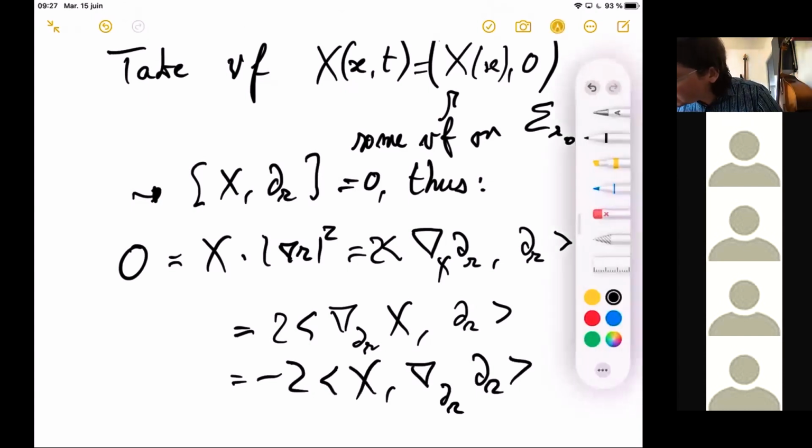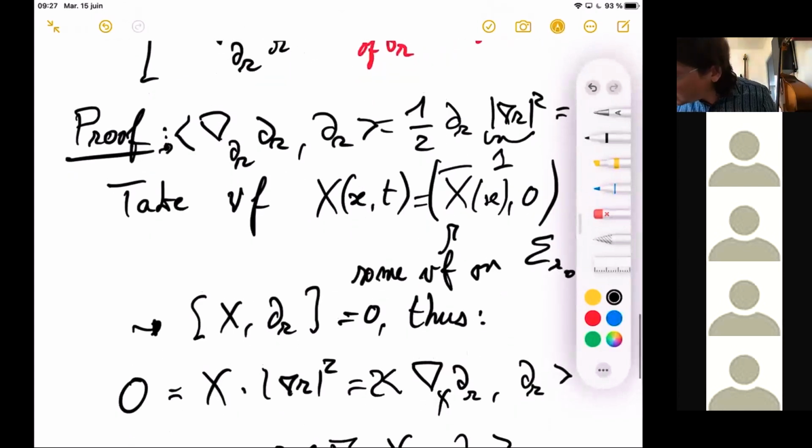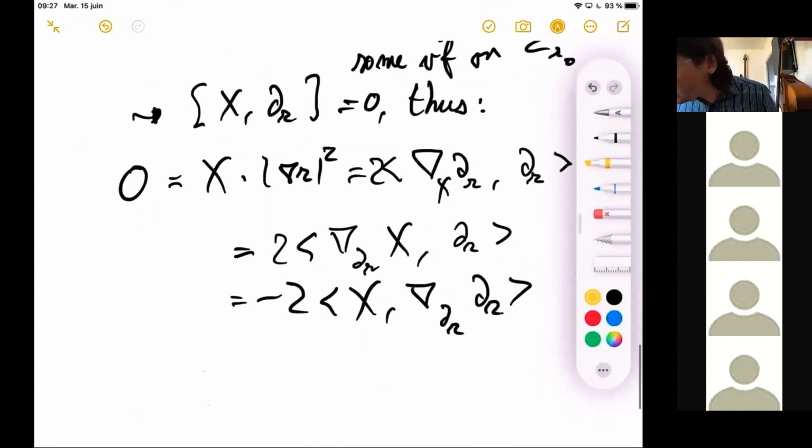Basically what you are saying is that nabla del R of del R is 0. So it's normal to the normal direction here, and it's also normal to the radial direction. And it's also normal to sigma, so it's 0.